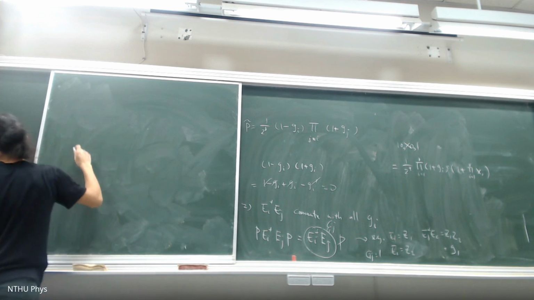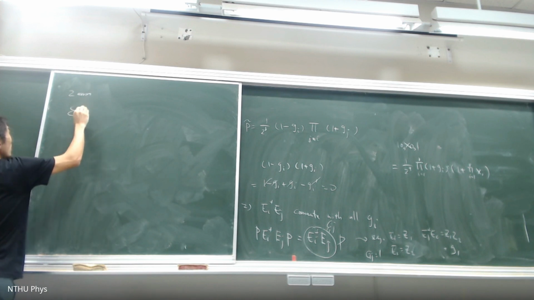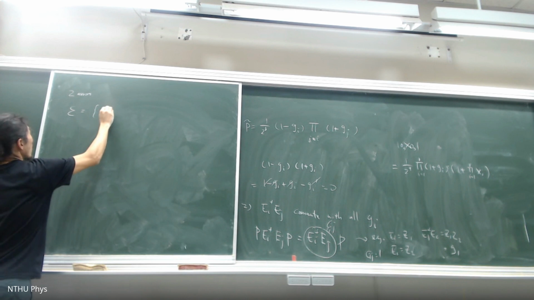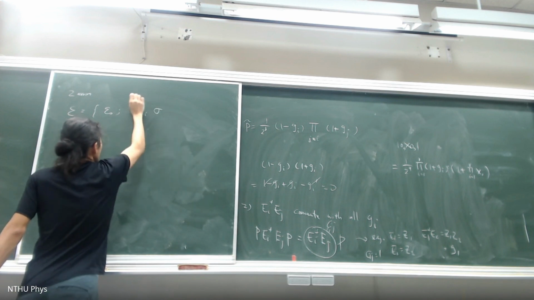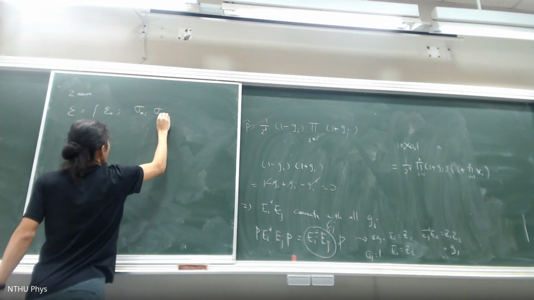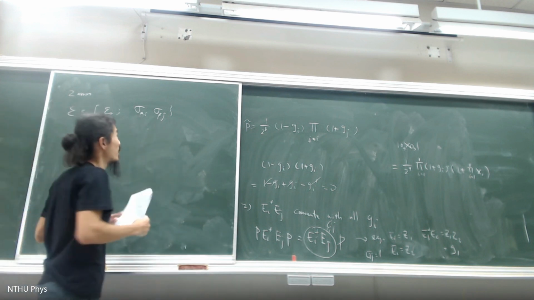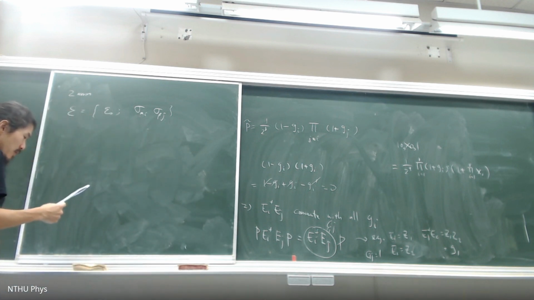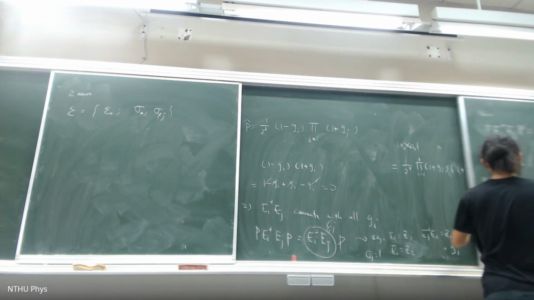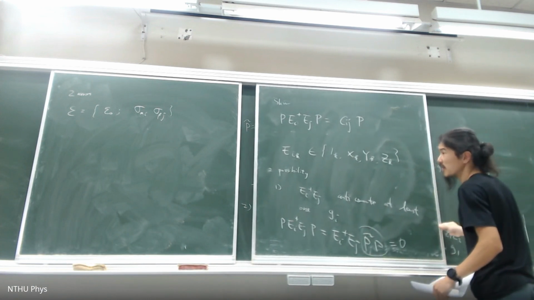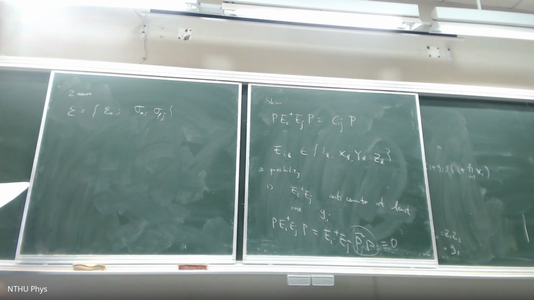So let's consider two errors. I can consider the total error, including the original one error and then the other two errors, which I indicate by sigma_alpha^I and sigma_beta^J. So I and J are the physical locations of the qubits, and alpha and beta are X, Y, Z. Then based on what we discussed, using this commutation and anti-commutation to show whether the criterion is satisfied or not, we can also play around with this one.